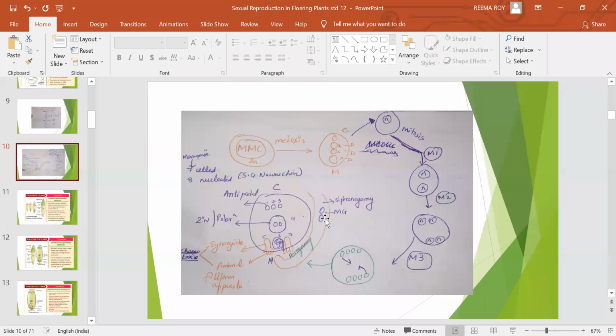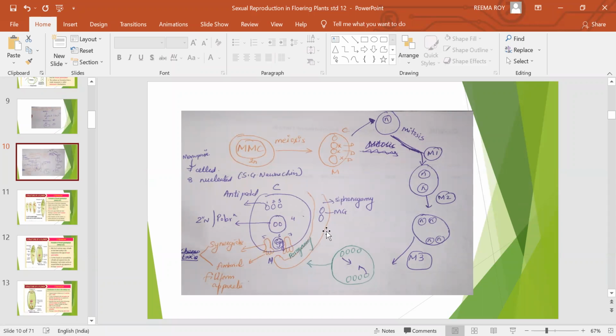So one male gamete will fuse with the egg and this will further form what? Zygote. Okay. And the second male gamete, that will go where? It will go to the central area. It will go to the polar nuclei and form what? PEN.